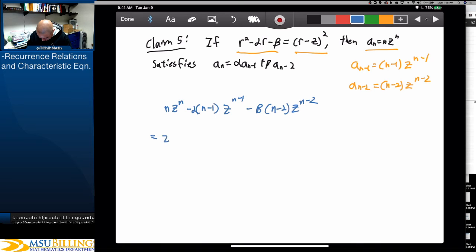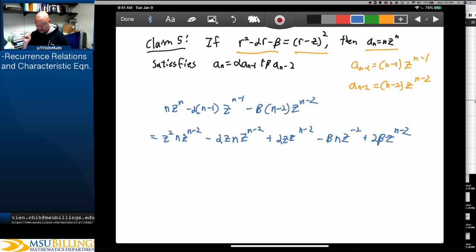We should get n z squared times z to the n minus 2, minus alpha n z times z to the n minus 2, plus alpha z to the n minus 2, minus beta n z to the n minus 2, plus 2 beta z to the n minus 2. All right, so far so good.